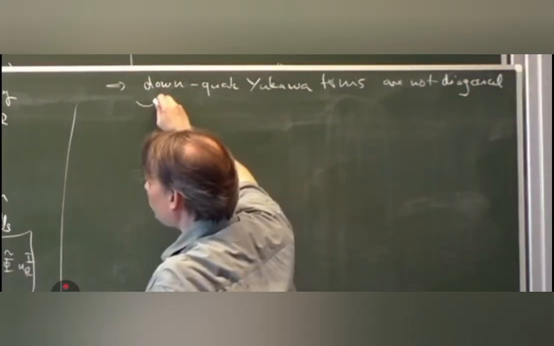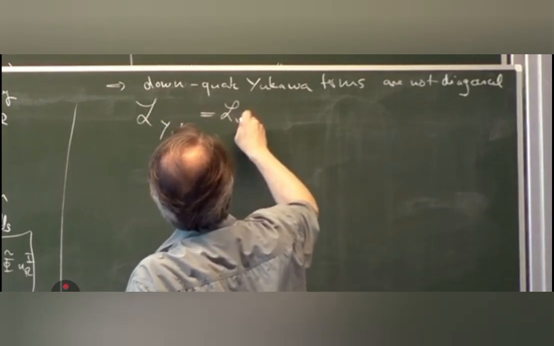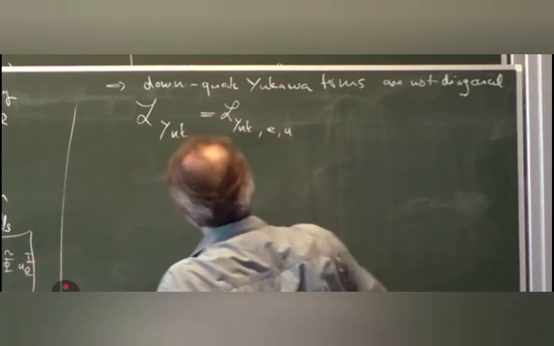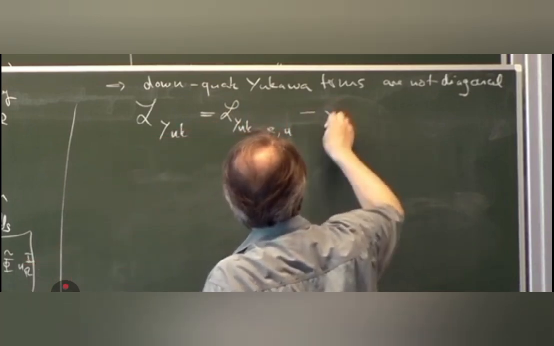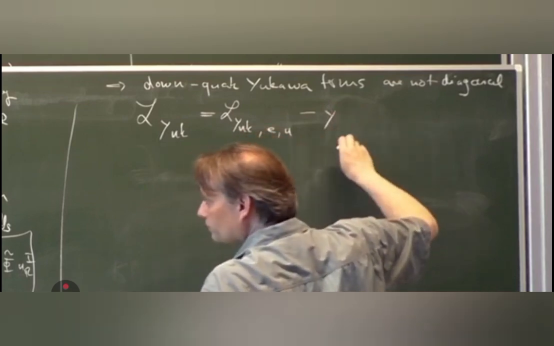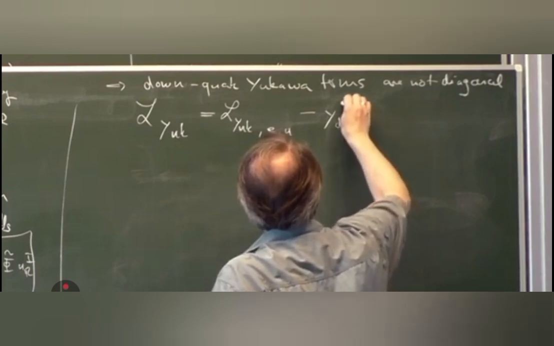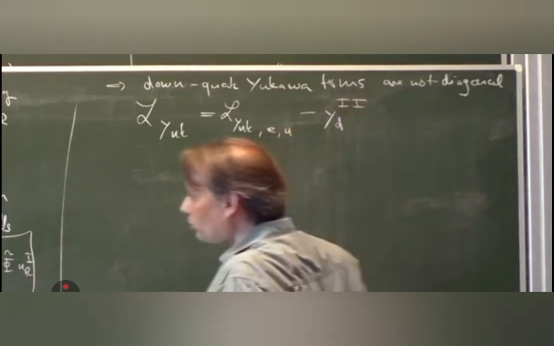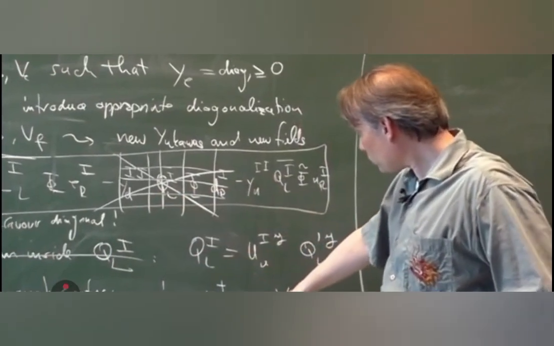So the Yukawa coupling is the one for the electron and for the up quark that we have written here, minus the term for the down quark, which is this one here, y_d ii. But then the matrices do not drop out, namely what happens exactly.